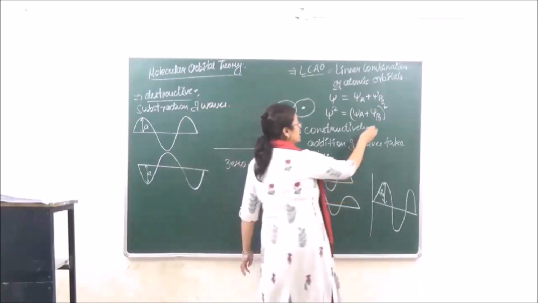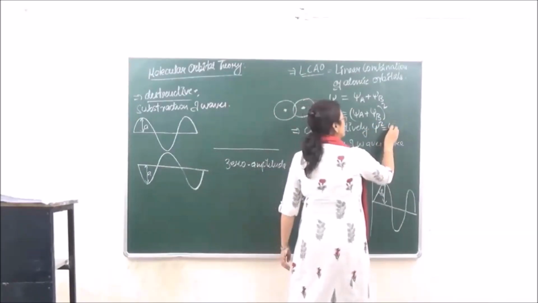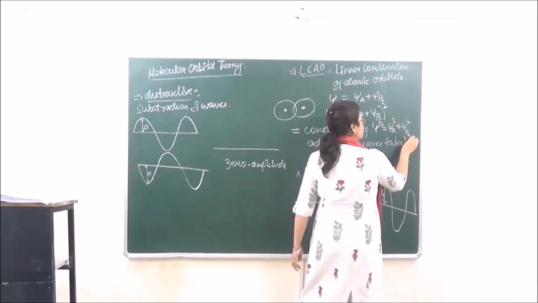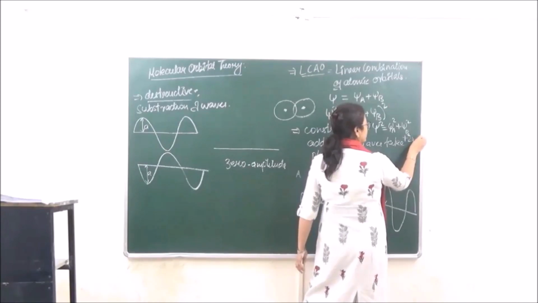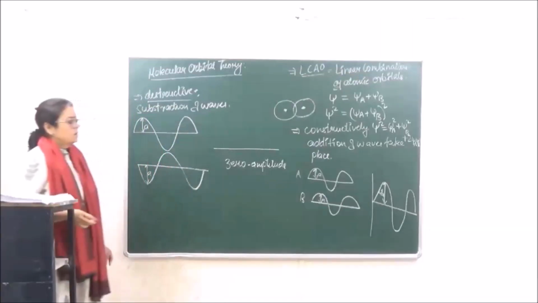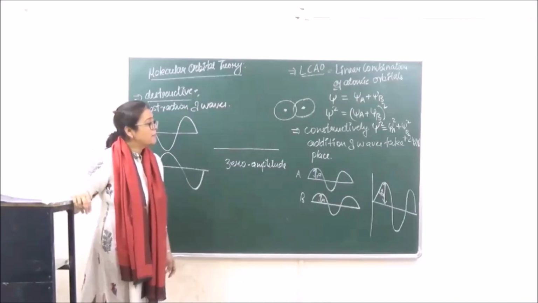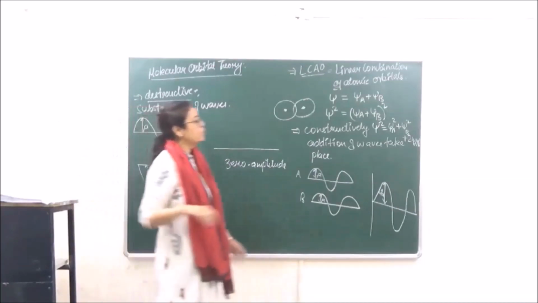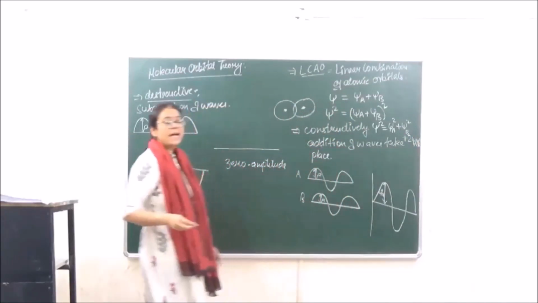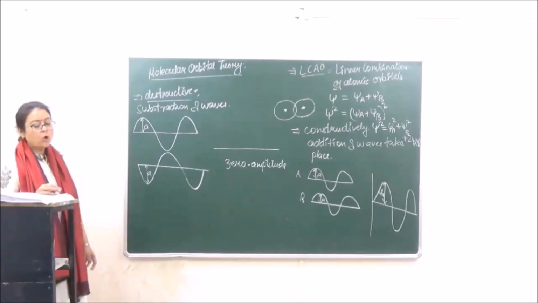Right? So if you use algebra over here, psi square becomes equal to psi A square plus psi B square plus 2 psi A psi B. Right? So the probability density in case of constructive interference is going to increase by a factor of 2 psi A psi B. So the probability of finding the electron is going to be more over here.